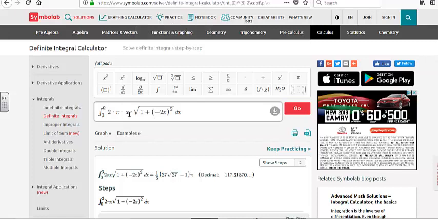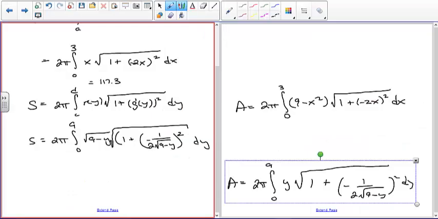The radius is going to be equal to the square root of 9 minus y. Is that right? Square root of 9 minus y. And the argument inside the square root is negative 1 over 2 square root of 9 minus y.